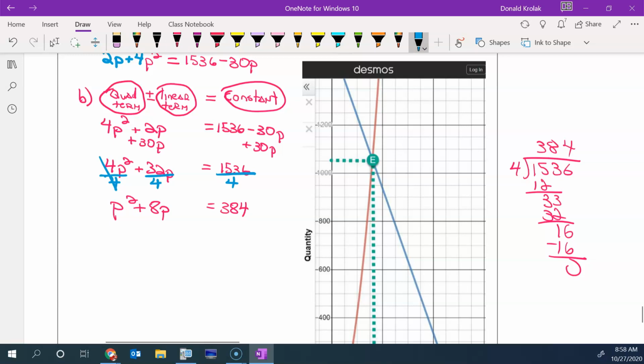And now complete the square. So I'm going to take half of 8, which is 4, squared is 16. p plus 4 squared.